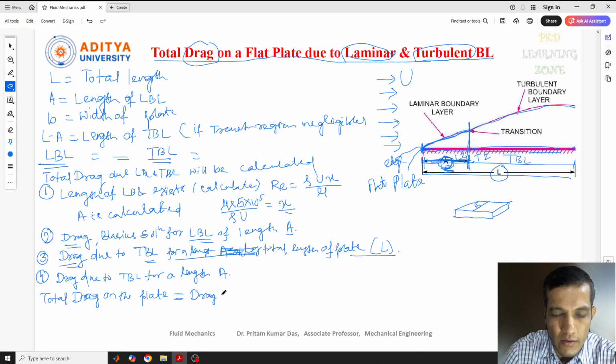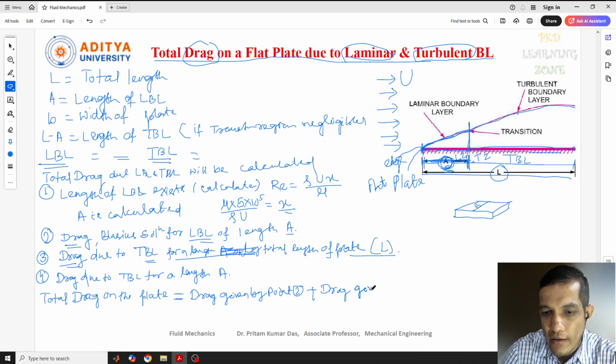Blasius formula. So the drag given by point number 2. Okay, then second one, the drag given by point number 3.